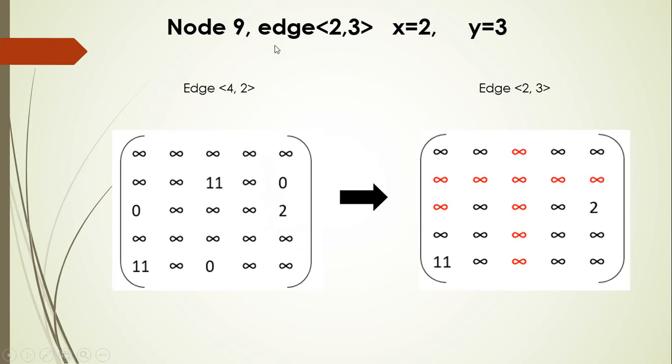Node 9 with edge 2 to 3. Now here we will consider the matrix which we got after calculating the cost for edge 4 to 2. So for calculating the values for edge 2 to 3, make the second row and third column infinity and 3 to 1 infinity.